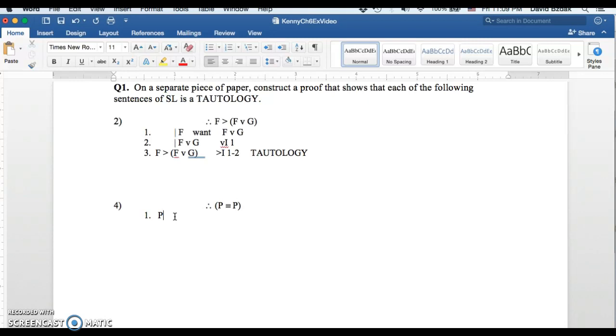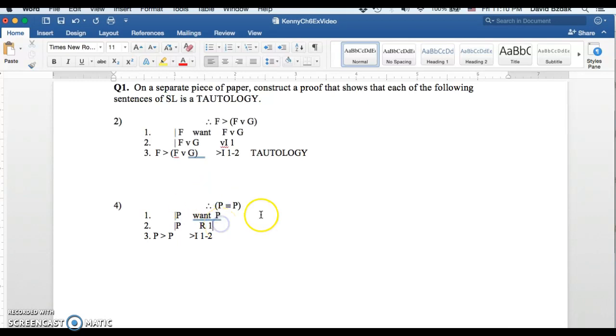So we'll start by indenting, assume P, want P. And we can very easily get P by reiterating 1. Right, so that gives us P conditional P by conditional introduction 1-2.